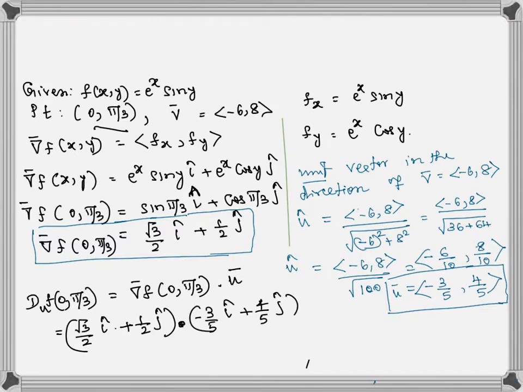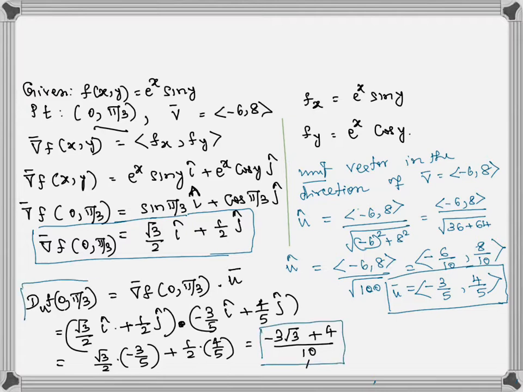In order to do the dot product, you have to multiply the corresponding components and add. So it's root 3 over 2 times -3/5 plus 1/2 times 4/5, which is equal to (-3 root 3 + 4) divided by 10. Hope this video helps.